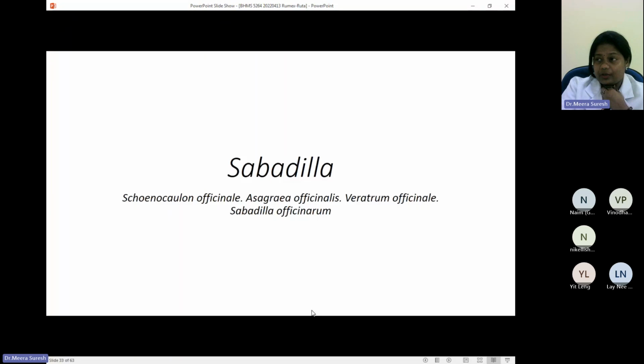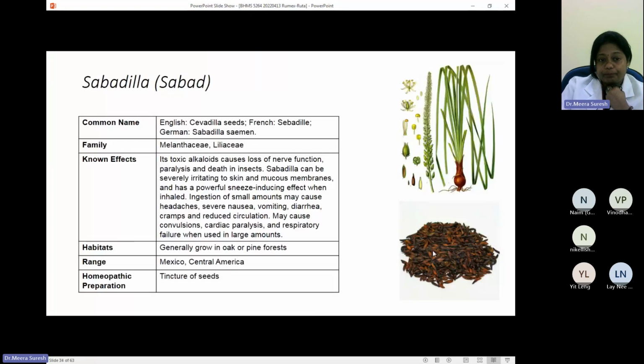So like Thuja, they have so many sensations, or fixed thoughts. That is there in Sabadilla, and mostly the complaints are concentrated in the throat region and also for hay fever. Hay fever also we can think of Sabadilla.